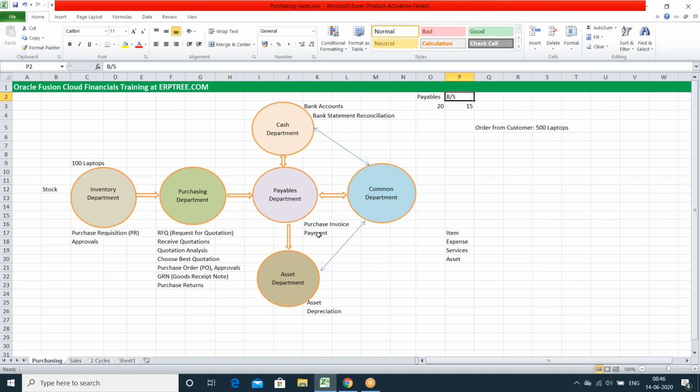As per payables, 20 payments were processed, but the bank statement shows only 15 for the current month. They have to find out the reasons. What could be the reasons? All payments are processed through the bank, but only 15 are reflecting.